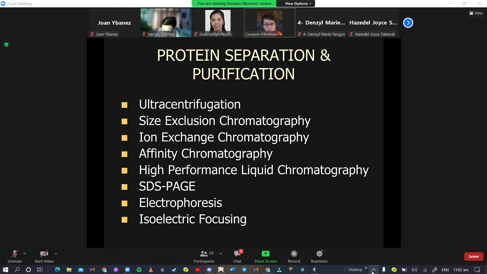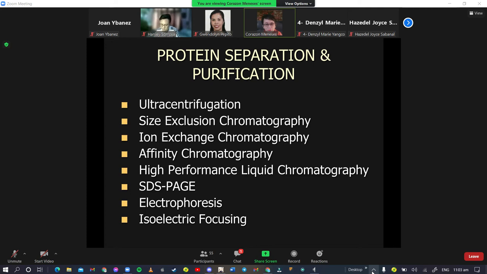Ion exchange is about positive and negative charge. Affinity is about the receptor having a specific affinity to a certain ligand, so they can bind together. If you want to elute the one that you want to remove or find out, you can manipulate the solvent where they are, and that will be the one that is eluted last.